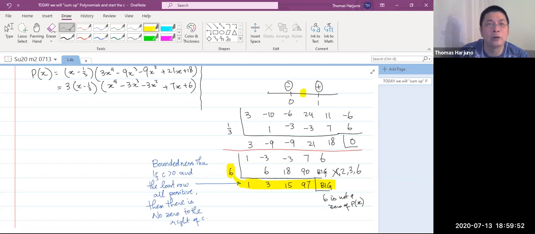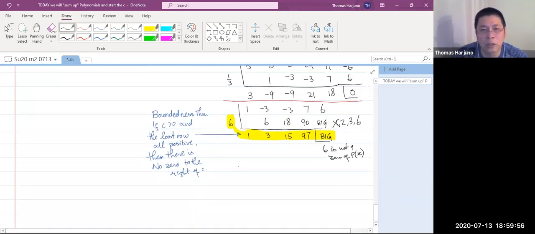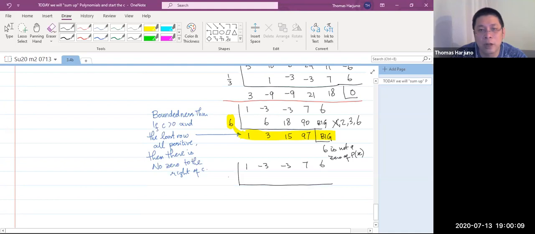Now, let's try 3 instead. We know 6 doesn't work. That will be 1, negative 3, negative 3, 7, 6. When I try 3, 1. This is 3, 0, 0, negative 3, negative 9. I think this will give us 0.